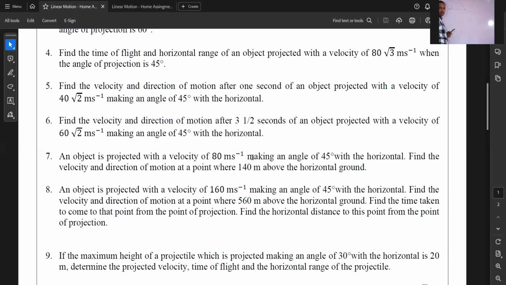Find the velocity and the direction of motion after 1 second.